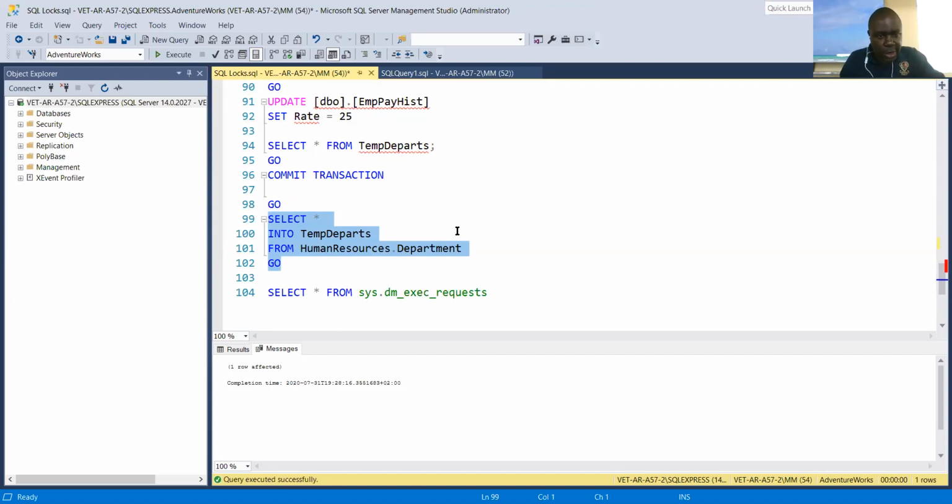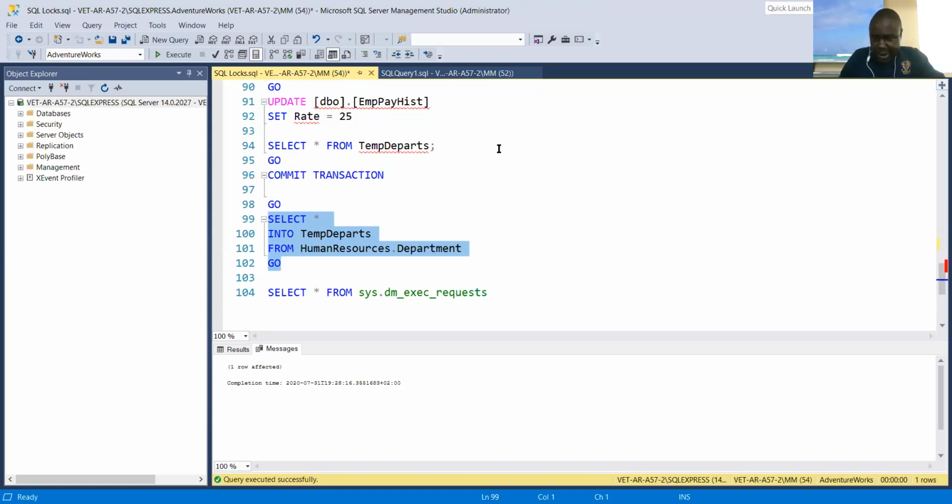I'm copying all the data from this table called departments into another table which I'm calling temp departs, so that the result will be an additional table with the same data which we can play with.